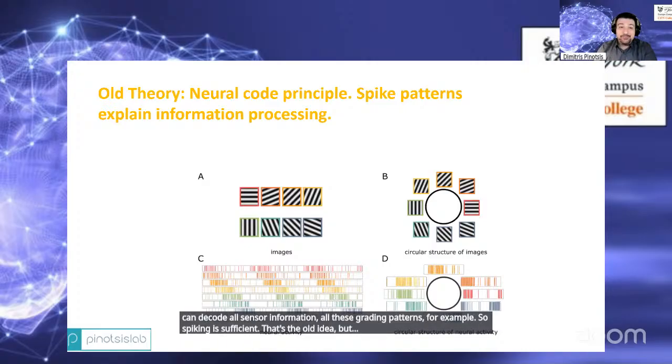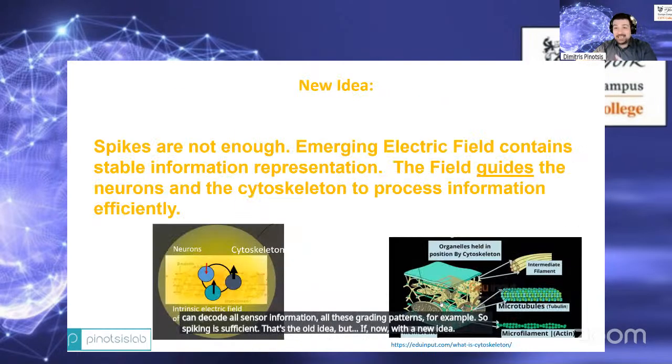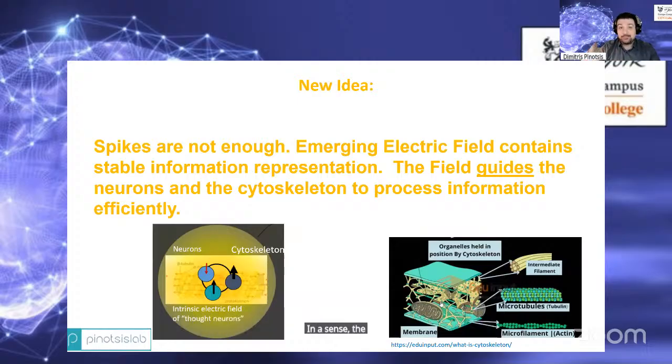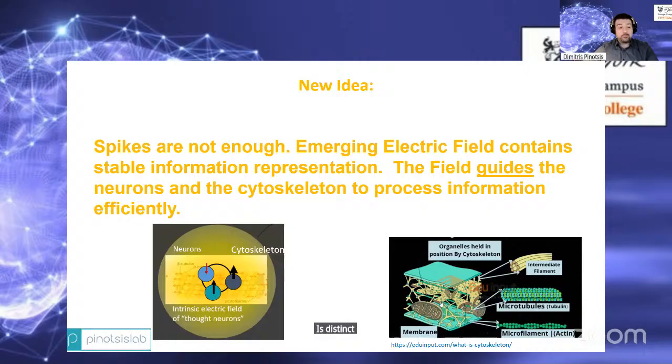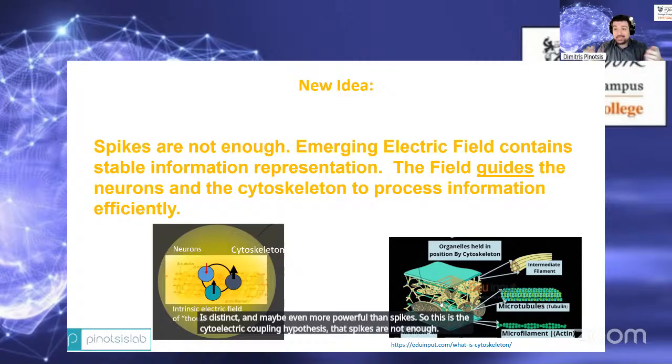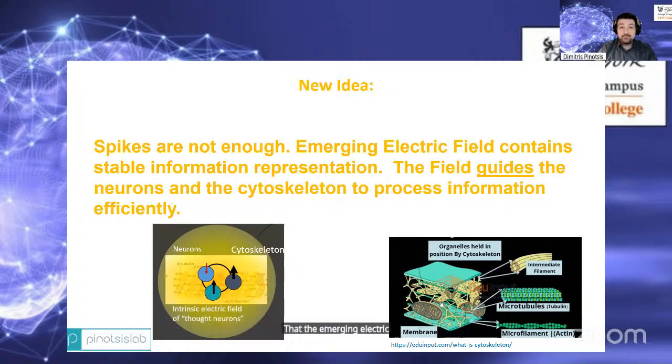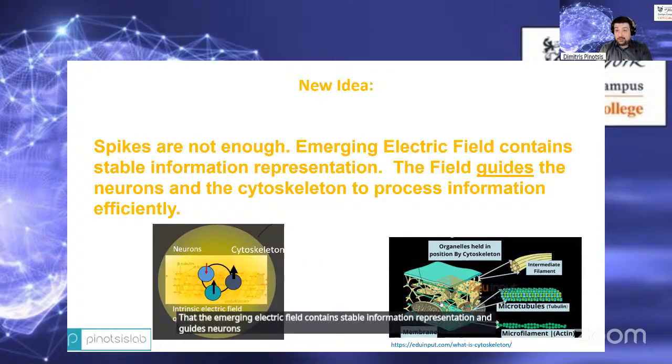But with the new idea, the field has a more stable and guiding role, which means that the level of information representation at the mesoscale, at the level of the field, is distinct and maybe even more powerful than spikes. This is the cytoelectric coupling hypothesis: that spikes are not enough, that the emerging electric field contains stable information representation and guides neurons and the other attendant structures to process information more efficiently.